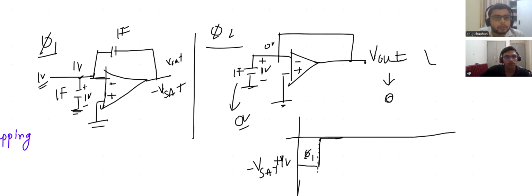Oh, sorry, the output is minus V set. With coming cycles of these phases, this cycle repeats.